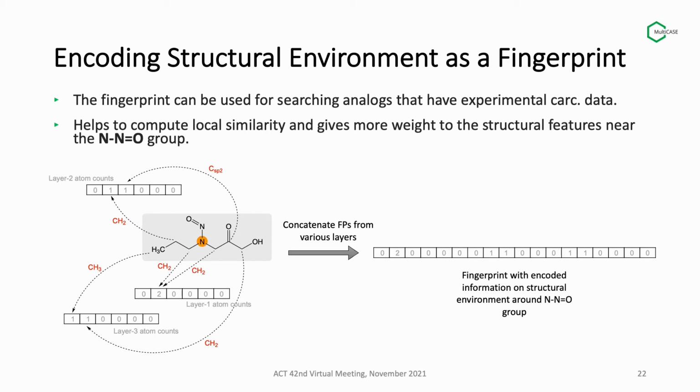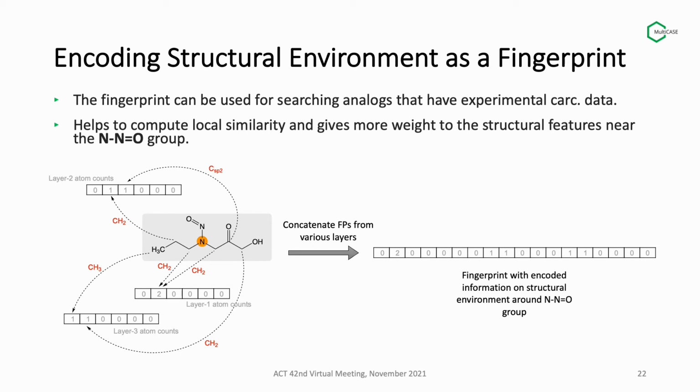These 3 subsets of the fingerprints, which are nothing but counts of different types of atoms around the nitrosamine functionality, can then be concatenated one after another to get the final, bigger fingerprint, which encodes the structure and environment around the nitrosamine functionality in a mathematical form.